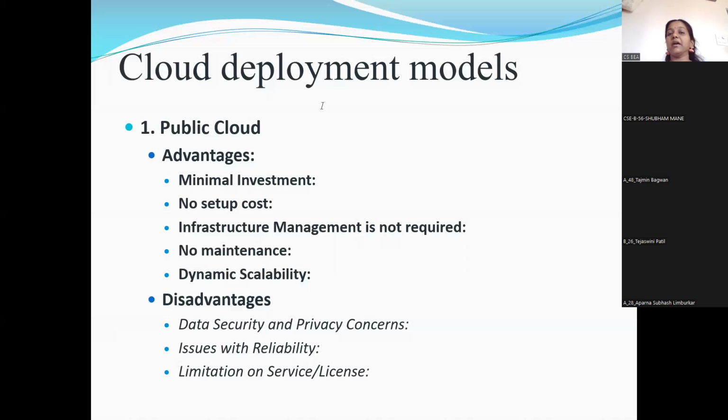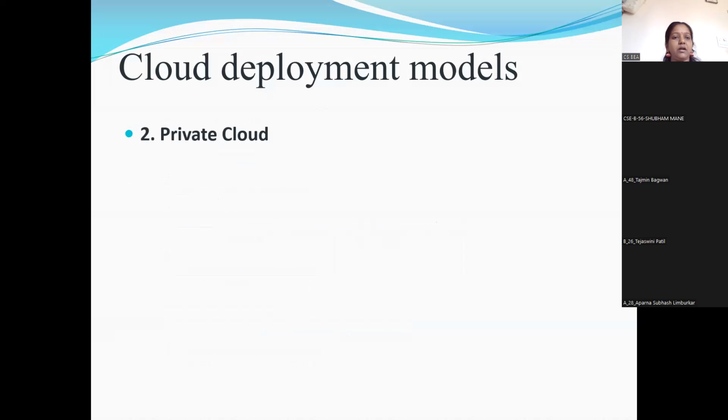So some kind of concerns will be there, or if you are using more, at that time you may have to pay more. That kind of limitations may occur. Okay, so this is the public cloud.